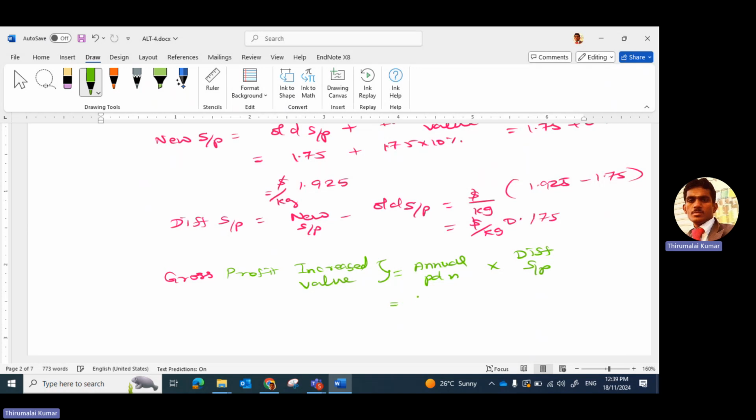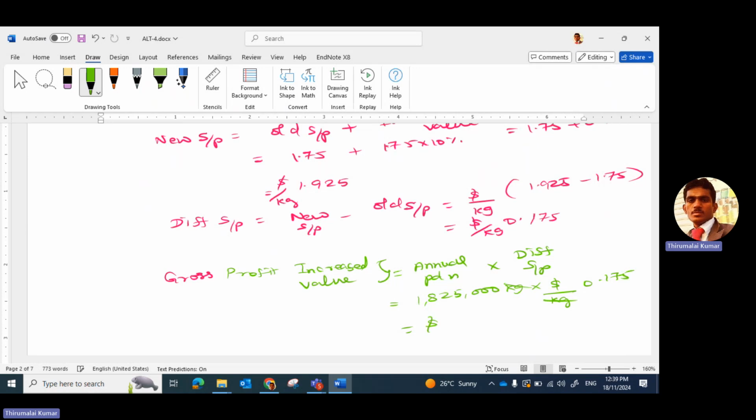So annual production 1,825,000 kilogram multiplied by dollar over 1 kilogram 0.175. So the kilogram gets cancelled.